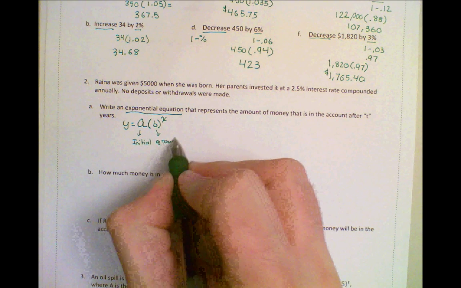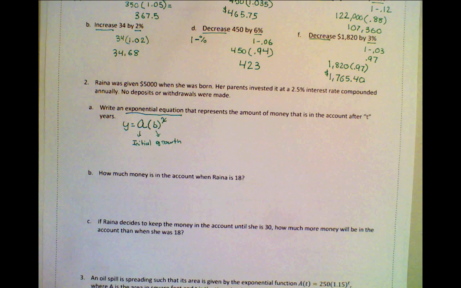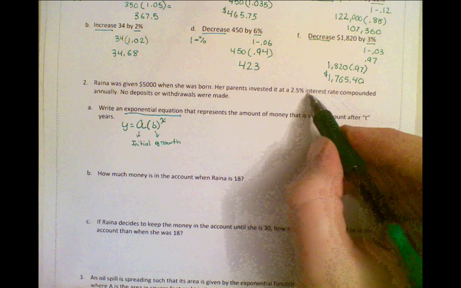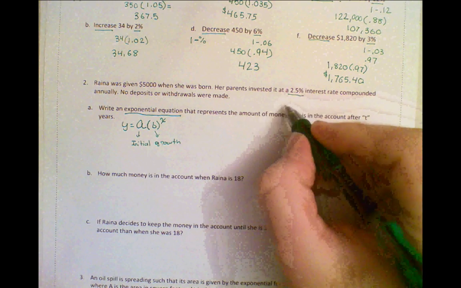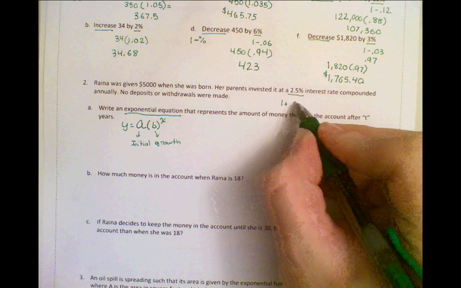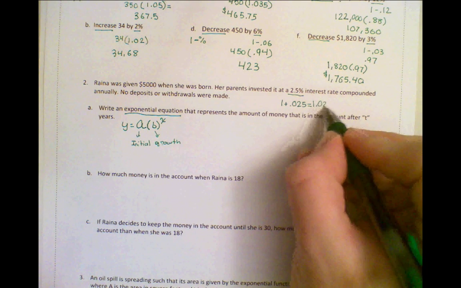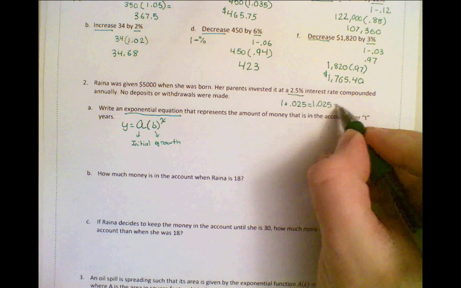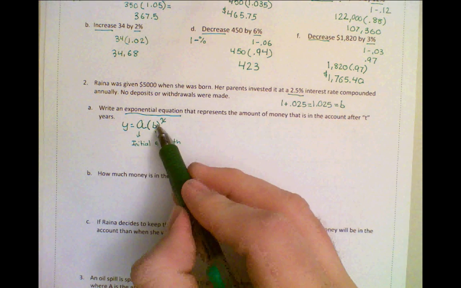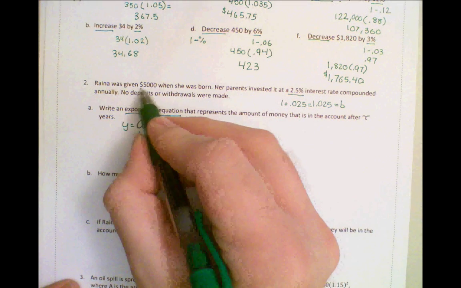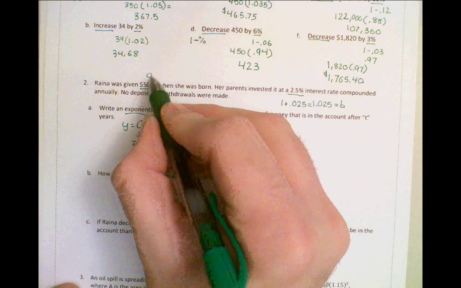And since we're dealing with a percentage, and we're increasing that percentage, because that's what an interest does, we're going to be doing 1 plus 0.025, which gives us 1.025, and that's going to be our b value. That's going to be inside the parentheses. Now the initial amount is the $5,000. That will be our a.